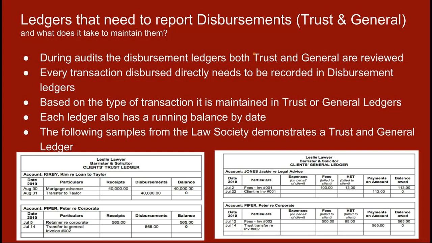And obviously, the Law Society provides you with some examples. If you look at the bookkeeping guidelines, you can Google it. It has these great examples of how you manage them. Now, if you do use a legal accounting software, such as uLaw, then the product itself should provide you with these documents.